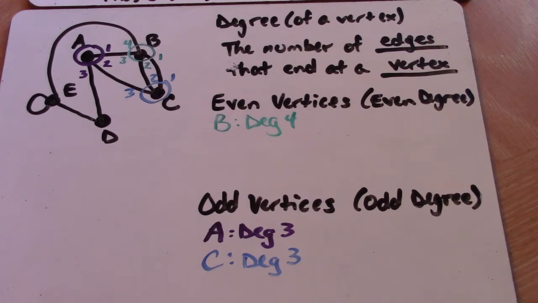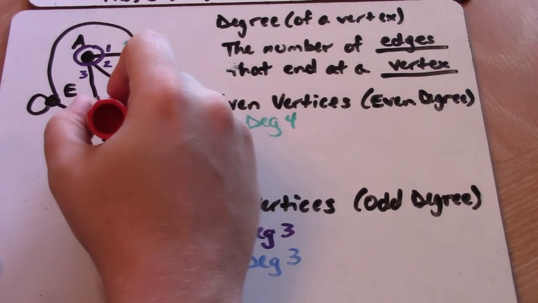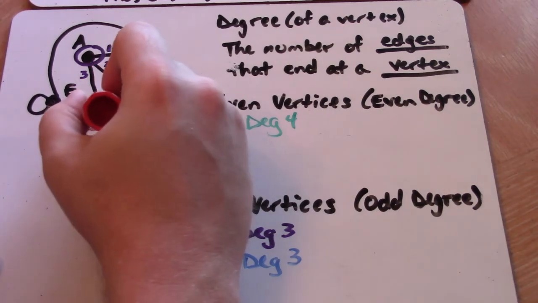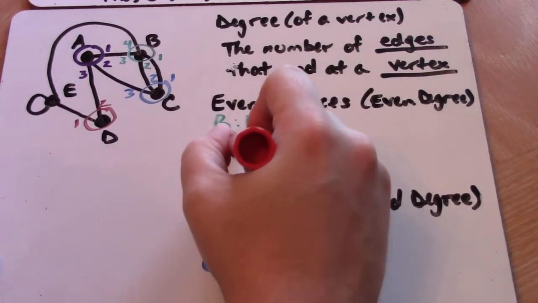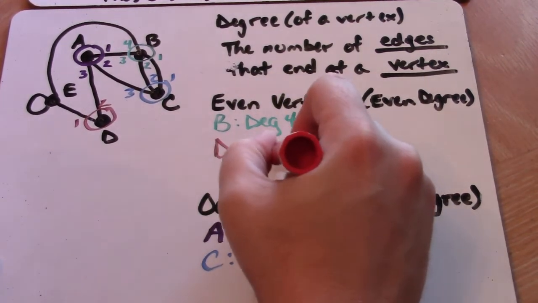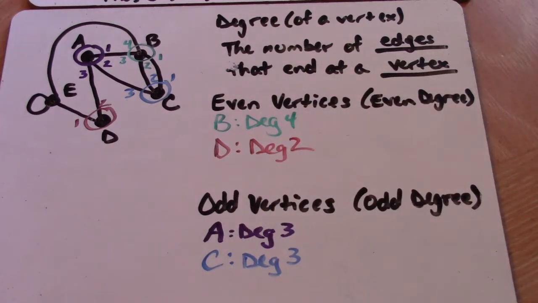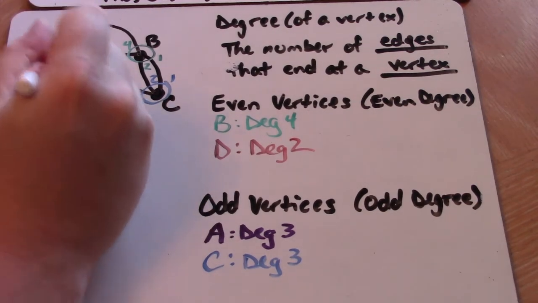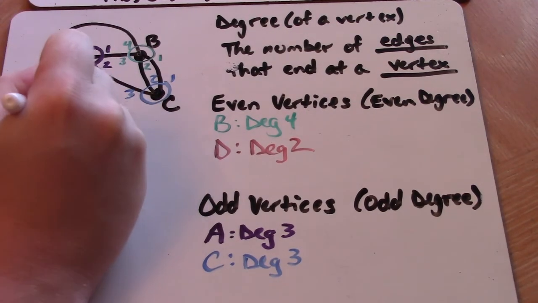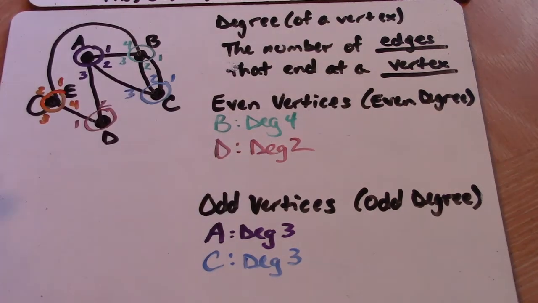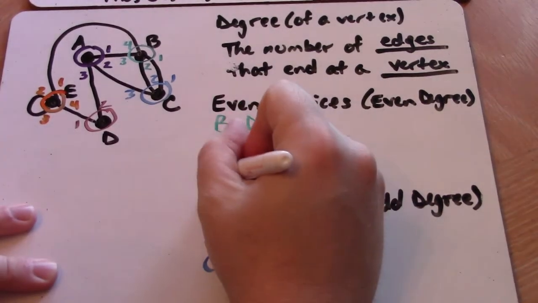D has 2 edges, 1, 2, so D is degree 2. Finally, E. E has a total of 4 edges. 1, 2, 3, 4, which makes E degree 4.